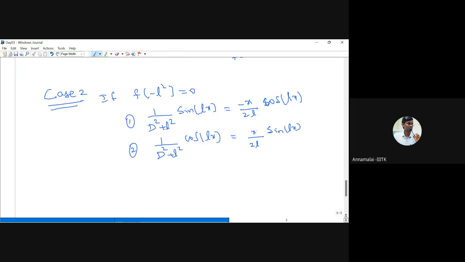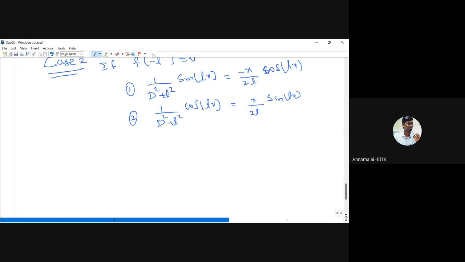Now we solve some problems related to this. Right hand side is a trigonometric function, sine or cos. So solve the exercise: d square minus 2d plus 1 times y equal to cos 3x.